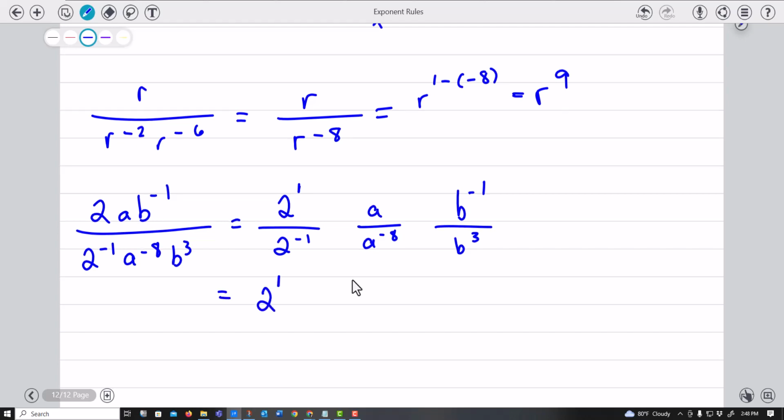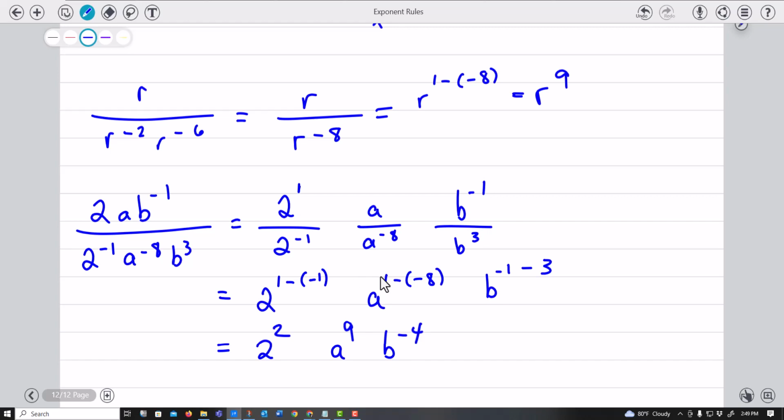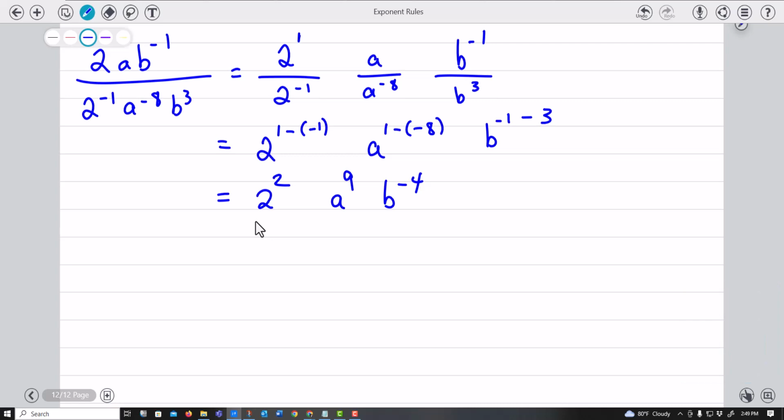So 2 to the 1st power minus -1, a to the 1st power minus -8, b to the -1 power minus 3. So this is going to give me 2 squared, a to the 9th power, b to the -4 power. And if I can get my screen to roll down, this would be 4a to the 9th. And then why not bring that negative power back down to the bottom?